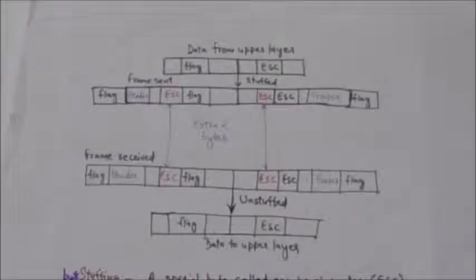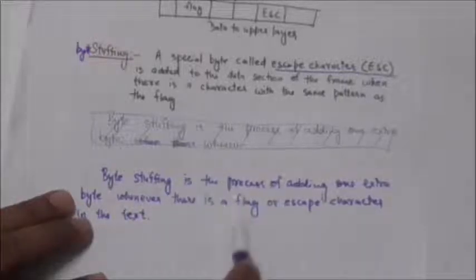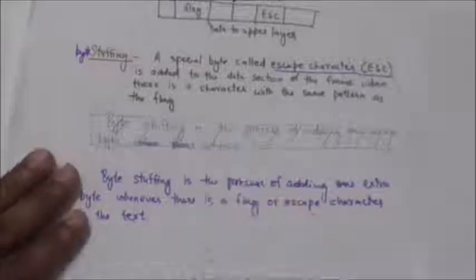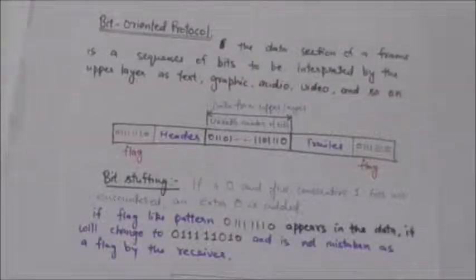So byte stuffing is the process of adding one extra byte whenever there is a flag or escape character in the text. Now we will study the bit oriented protocol.